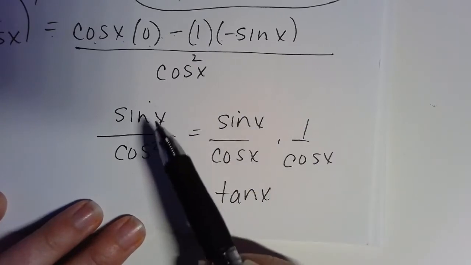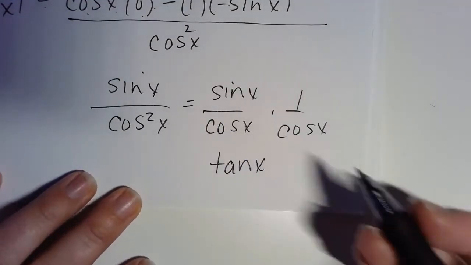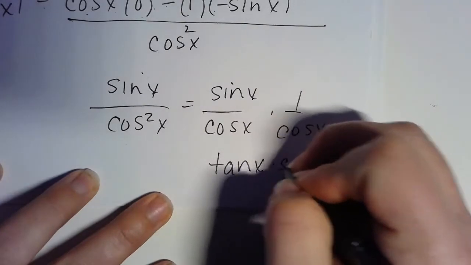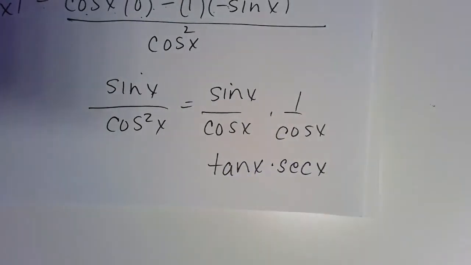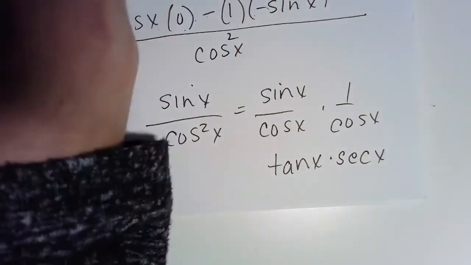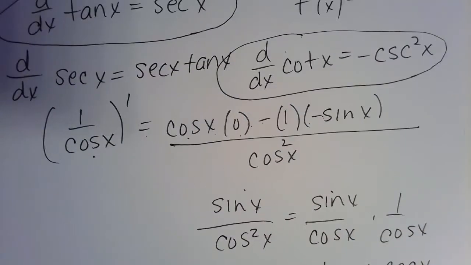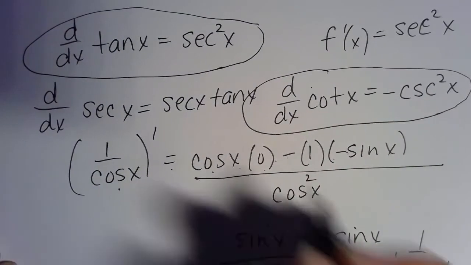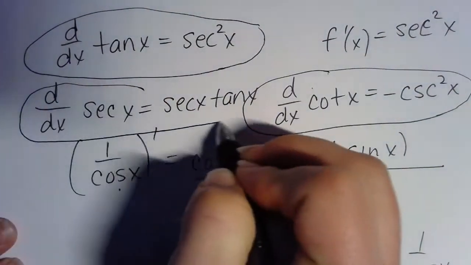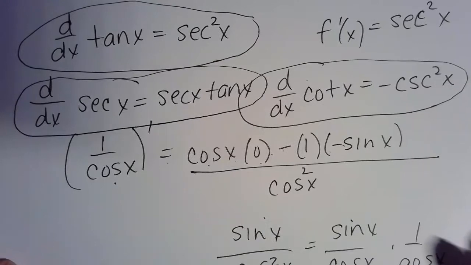If I multiply this back together, I get this, but now I know that sine of x over cosine is tangent, and then this one is secant, okay? We usually write it as secant tangent or tangent secant, it doesn't matter, but the derivative of secant is secant of x tangent of x. Oops, which I wrote up here. Okay, so that's another one. I guess I should have used another piece of paper for that, okay? So that's the derivative of secant.